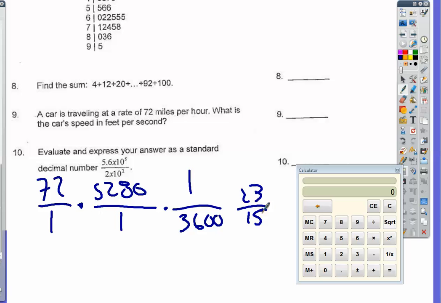So that's always going to be the case. So the nice thing to do here is to just go ahead and do on the graphing calculator 72 times 23, and then we divide it by 15.